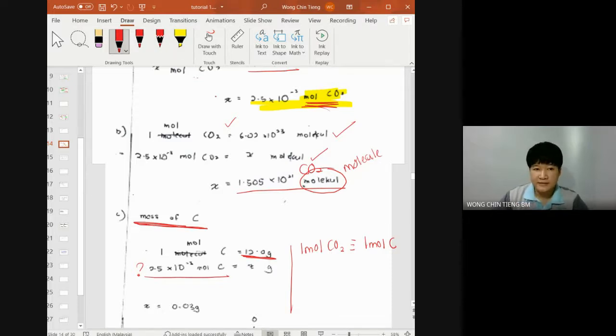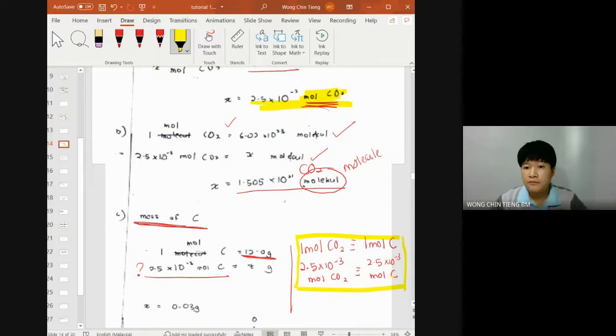Mesti kena tulis. Alright, walaupun dia adalah 1-to-1 ratio, 2.5 times 10 to the power of negative 3 mole of carbon dioxide will then equals to 2.5 times 10 to the power of negative 3 mole of carbon. Masih wajib untuk tulis walaupun dia adalah 1-to-1 ratio.